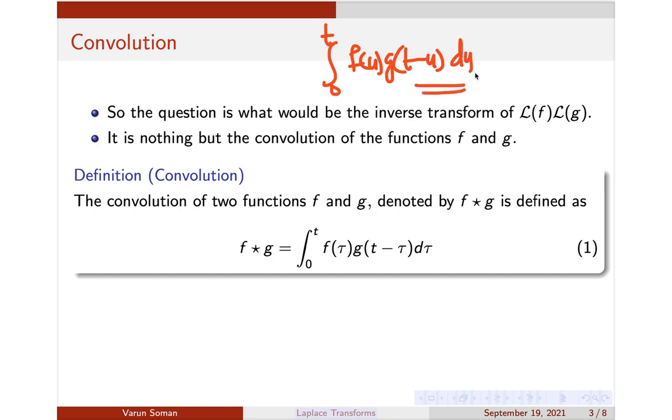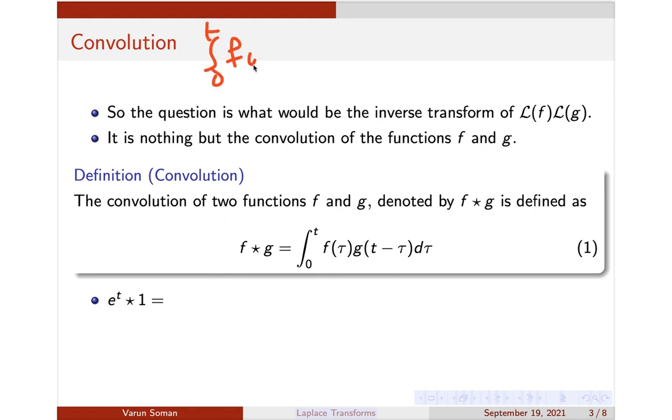Now let us do some problems. Let us try to find the convolution of some simple functions. What is the convolution of e raised to t star 1? As I told you, the definition of convolution is simply the integral from 0 to t of f of u into g of t minus u du.